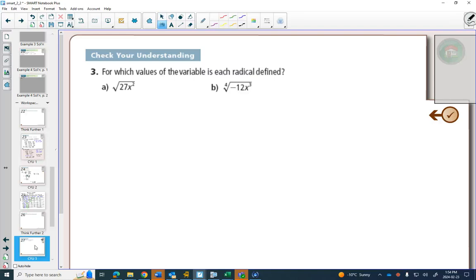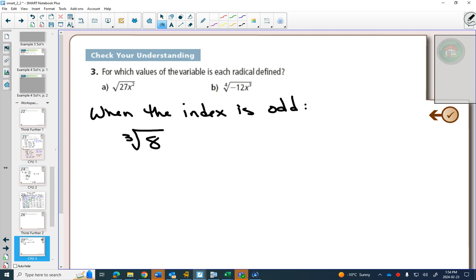And before we answer this question, we're going to write a couple of notes. We're going to start off when the index is odd. Examples of this are like the cube root of 8, the cube root of negative 8, the fifth root of 32, and the fifth root of x.